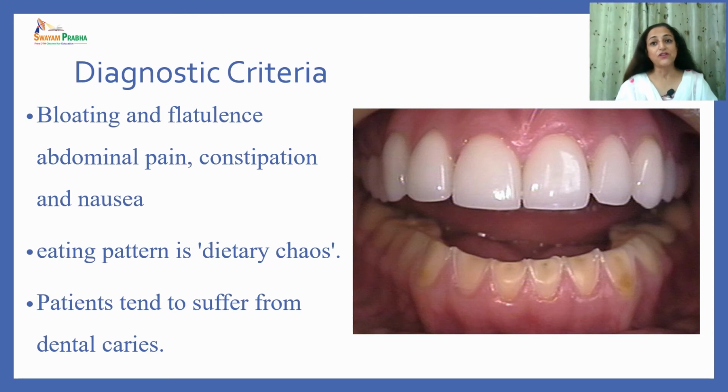This term is given to the eating pattern which is known as dietary chaos. And these patients tend to suffer from dental caries also, because they take too much sugary food which is rich in calories.